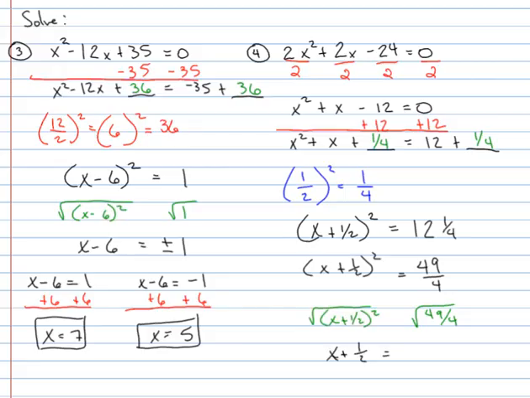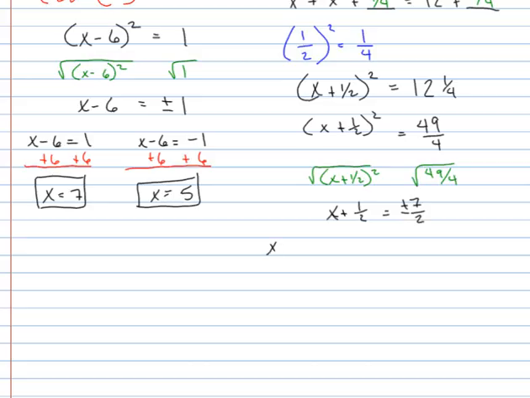On the right-hand side, the square root of 49 is 7. The square root of 4 is 2, so I have plus or minus 7/2. I can now write this as x plus 1/2 is equal to positive 7/2, and x plus 1/2 is equal to negative 7/2. And go and solve each of these respectively.